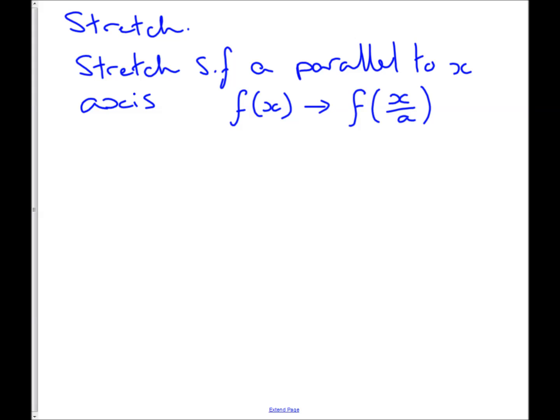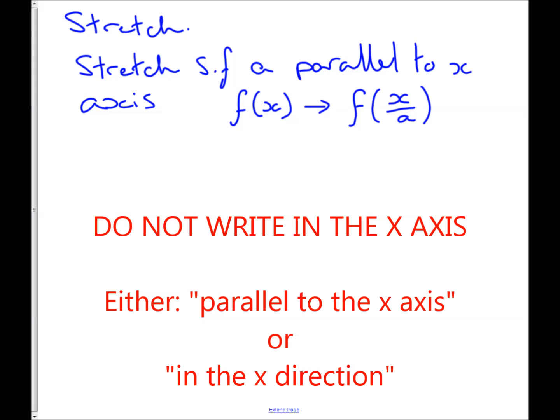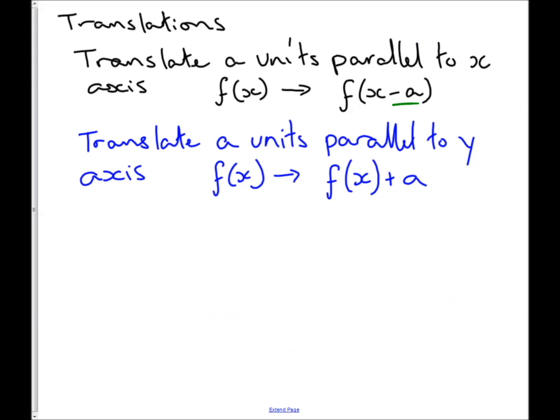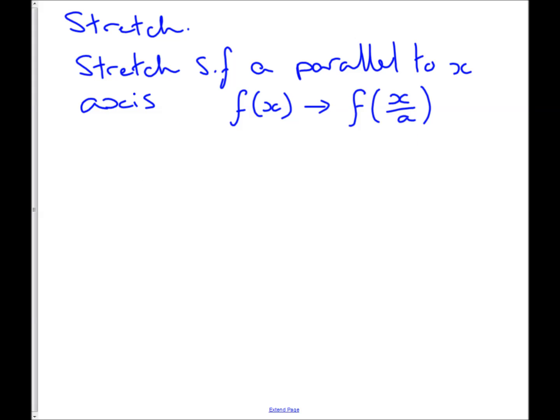You'll notice that for stretching and translating in the x-direction, we do the opposite of what you'd expect. To translate, I am subtracting a rather than adding a, and to stretch, I'm dividing by a rather than timesing by a. So for stretches and translations, I'm doing the opposite of what you'd expect, but in the y-axis, it's the same as you would expect.